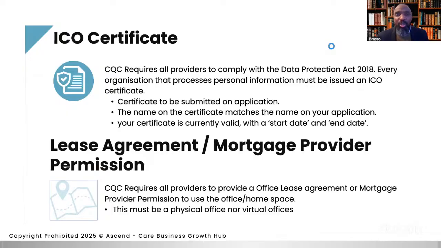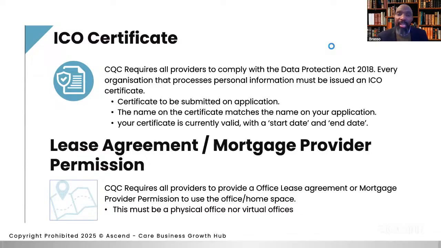I'm not 100% sure, I think it's £50 or so per year. Again, as part of your preparations, you need to make sure that you register and have this certificate. I spoke about the right of legal occupants, which means if you have an office, as part of paperwork you need to have a document in the form of a lease agreement, mortgage provider permission, etc.